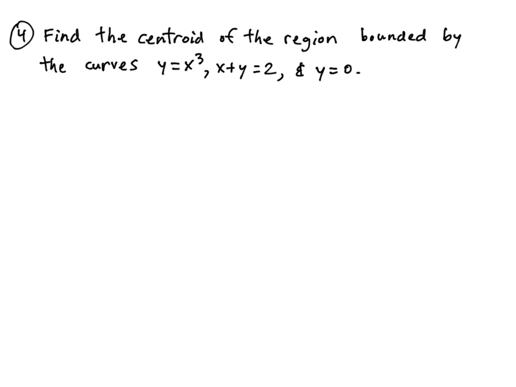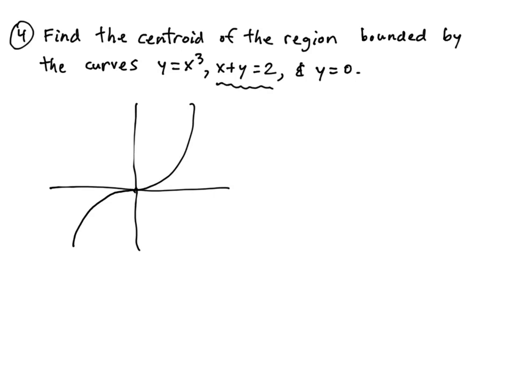Okay, what this shape looks like. So what does y equals x cubed look like? It looks something like that. Next, x plus y equals 2. This becomes y equals negative x plus 2.